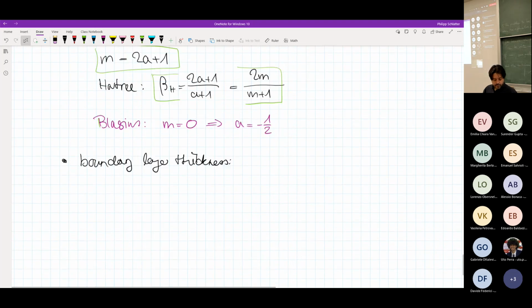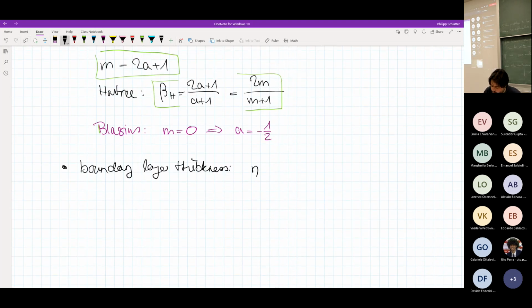So what we're actually looking at for getting an idea of the boundary layer thickness is to look at lines where eta is constant as a function of downstream, because that would give us the stretching. And this eta is proportional to the boundary layer thickness times x to the a.